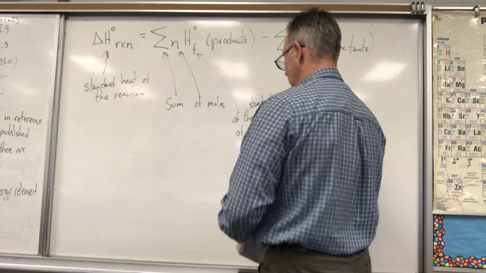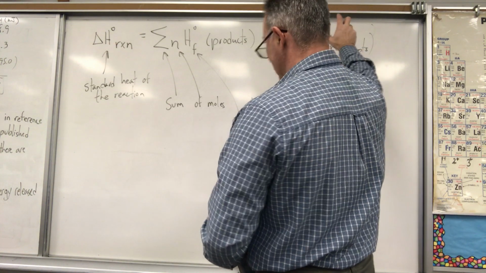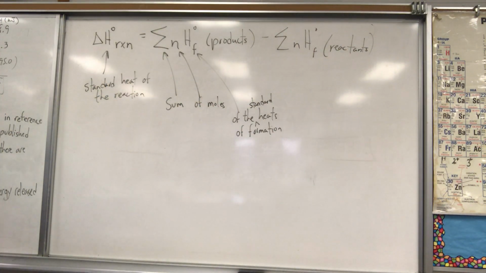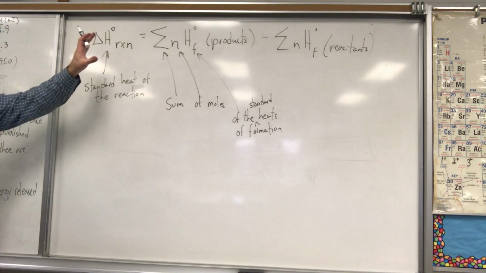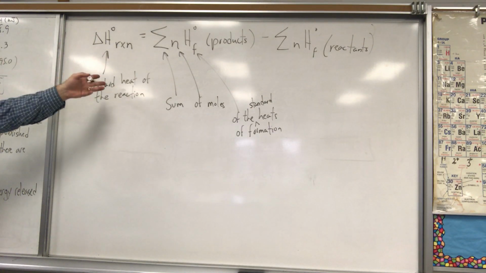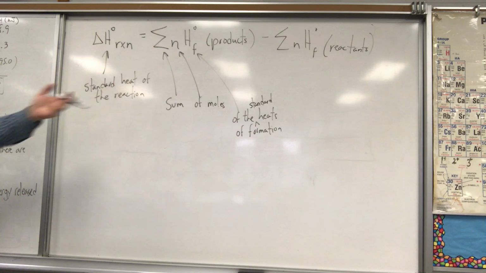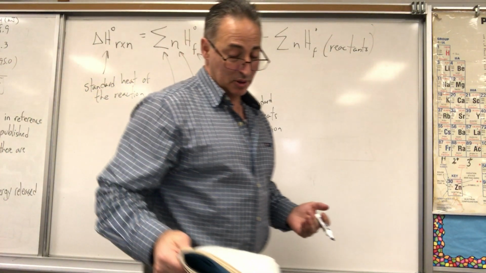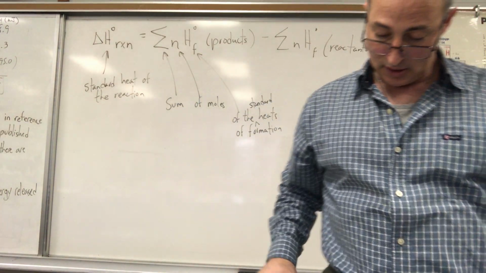Okay, so products minus reactants tells you the heat for the reaction. And you can look up standard heats of formation for practically every chemical known to man, and then from there calculate the heats of a reaction, or at least predict the heats of a reaction fairly well.